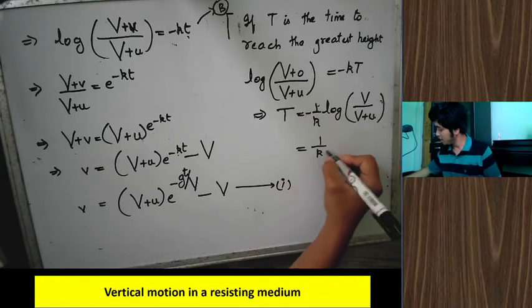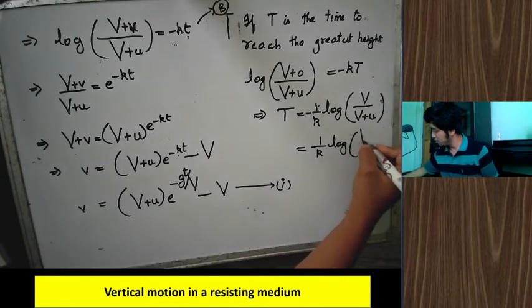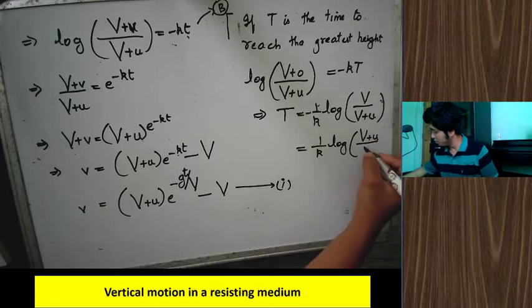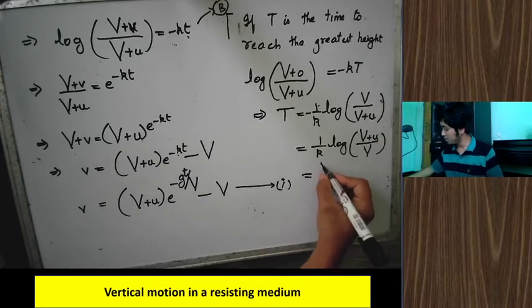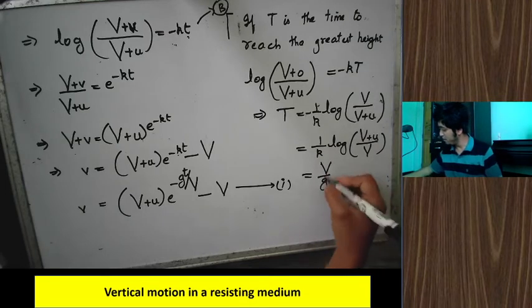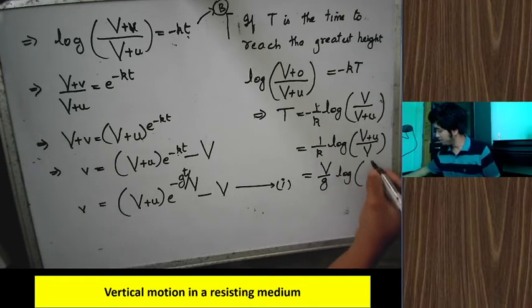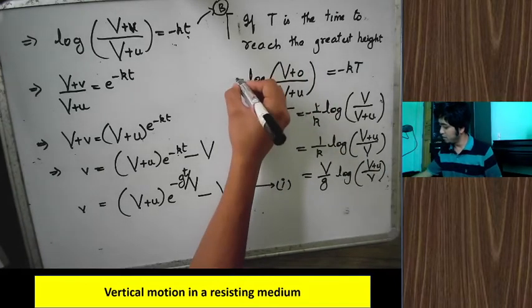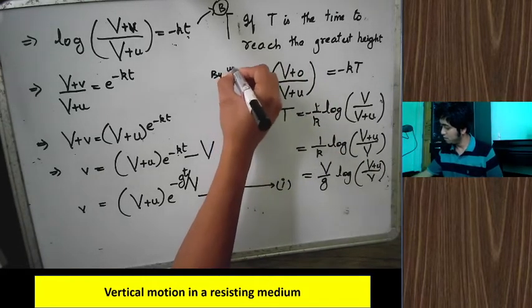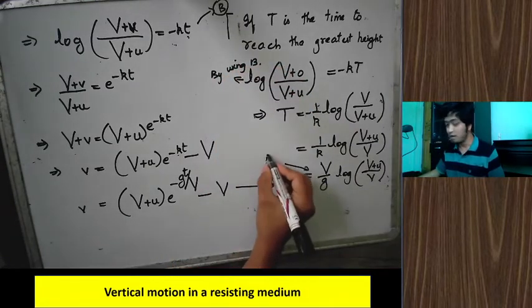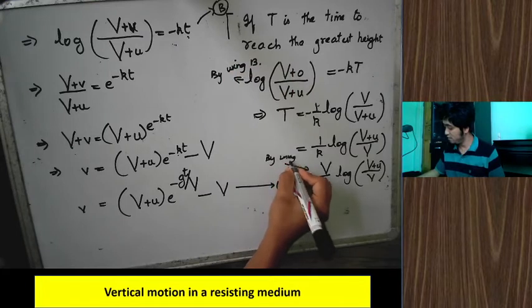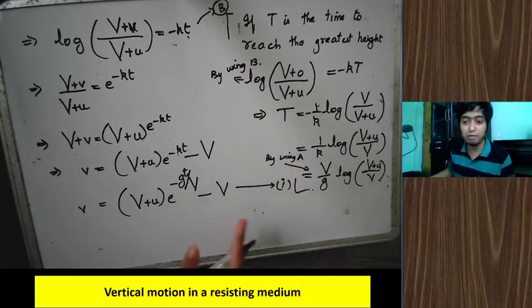So 1 by k log (V plus u) upon V. And k can be expressed as g by V. So ultimately we will be having V by g log (V plus u) upon V. This one by using B, and this one by using A. So this is what we will get.